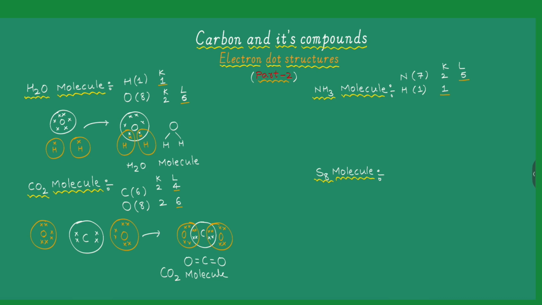Now how do these two atoms attain noble gas configuration? One nitrogen atom with 5 valence electrons and 3 hydrogen atoms with one valence electron each. After the molecule is formed, the nitrogen atom and the 3 hydrogen atoms will be there like this as shown in the figure.